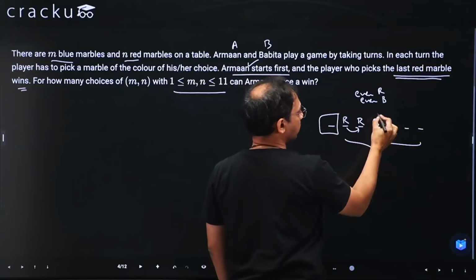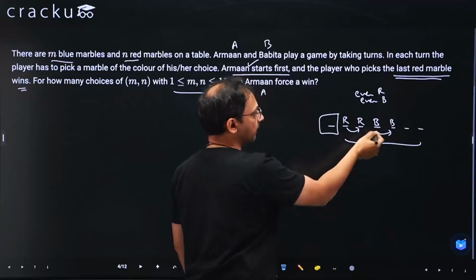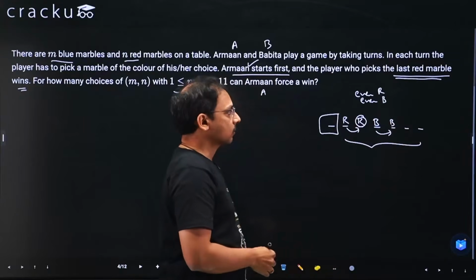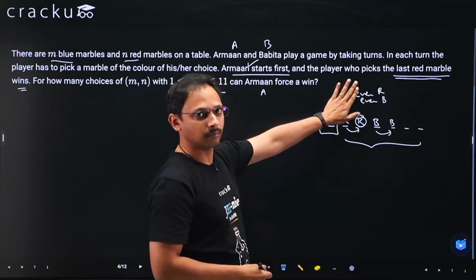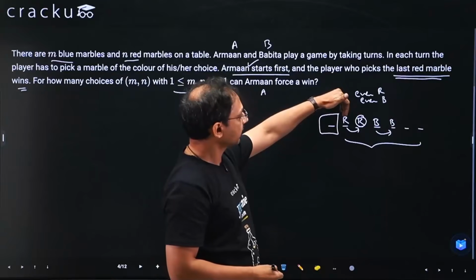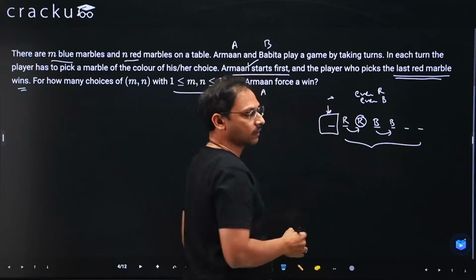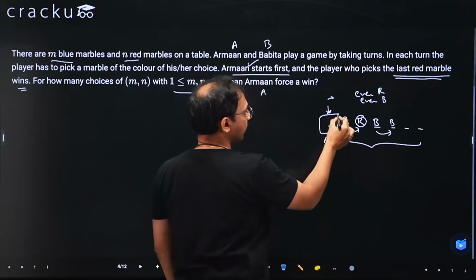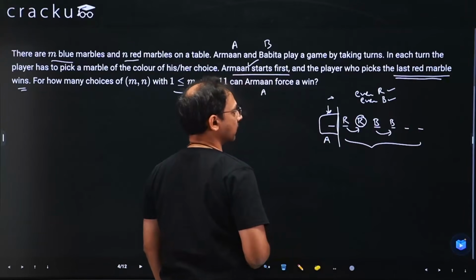If he picks blue, this guy will again copy him. So he'll always get the last red. So after picking the first one, if there are even numbers of red and blue, the guy picking next will always lose. That means the guy who picks the first one will always win. So for Arman to win, after the first pick, there should be an even number of red and blue marbles.